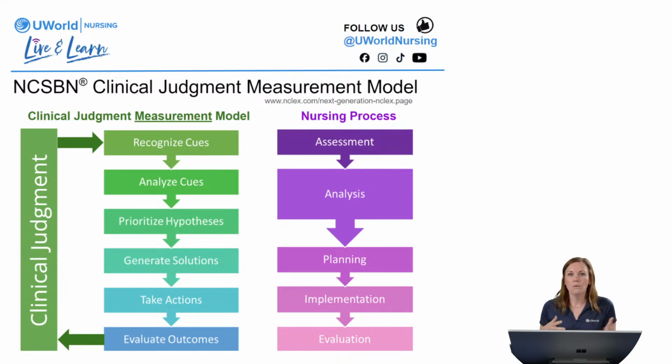After a lot of research, the NCSBN learned that nurses needed to know more at an entry-level point into the healthcare system. This model is designed to make sure nurses take a big, full-picture approach, thinking steps ahead in client care to keep clients safe.